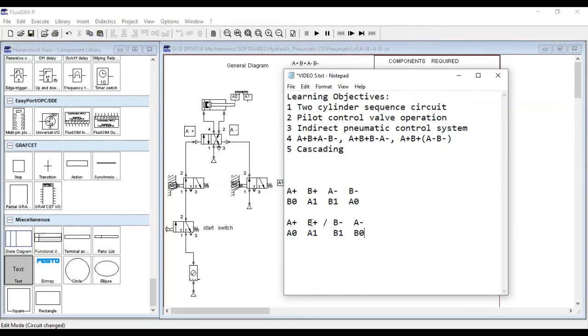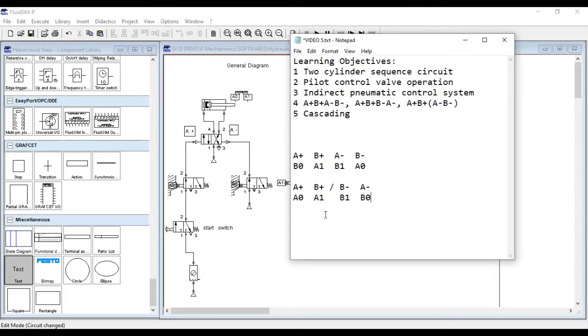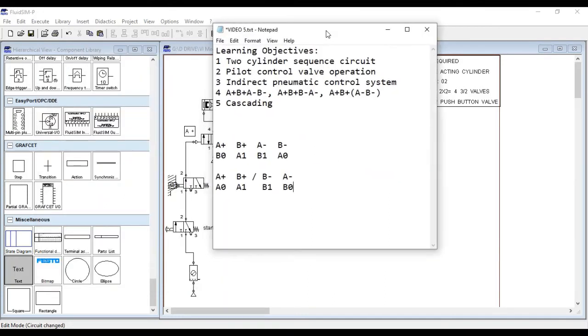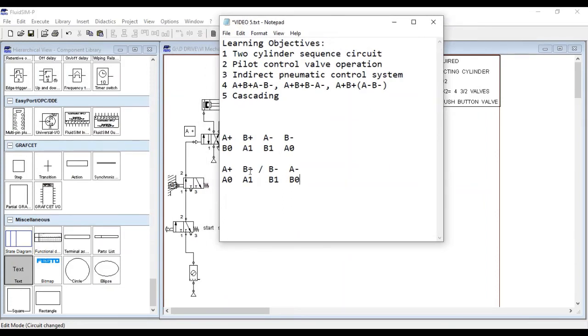A plus, then B plus, then same cylinder B minus. So you see that if we want these two to be simultaneously on, we have to change the supply. So for circuits wherein there is consecutive extraction and retraction of the same cylinder, this technique of making the logic control is not suitable. We have to use a different technique, and that technique is called cascading.